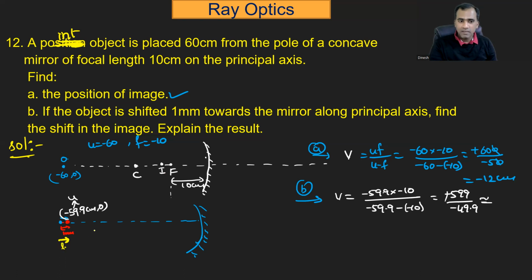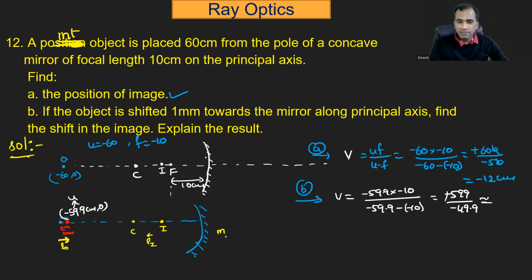If this is L, then its image will be something like this, but much smaller. This is the length of the object, and this is the length of the image. So what is the relation between the length of the object and the length of the image placed on the principal axis?